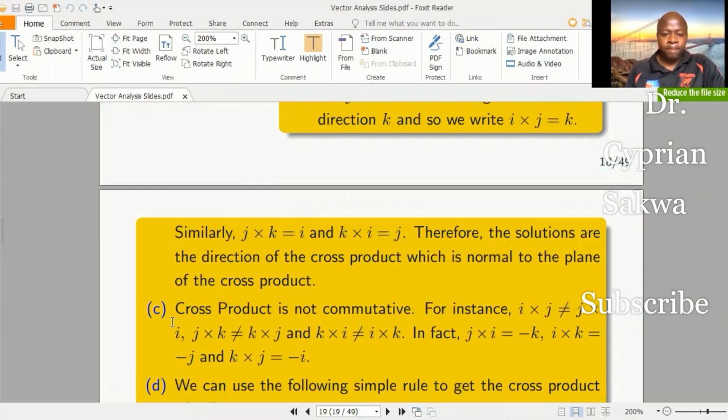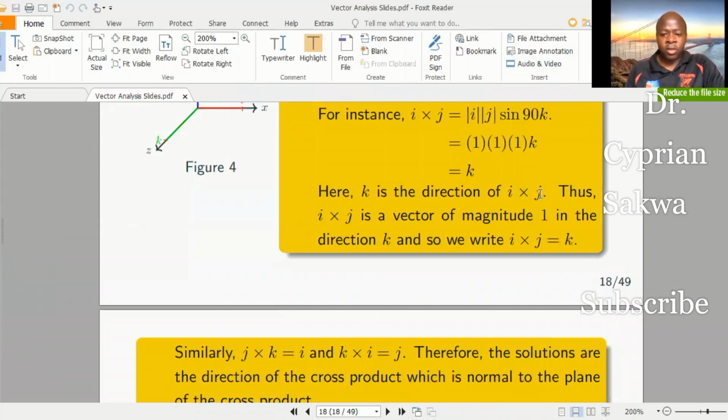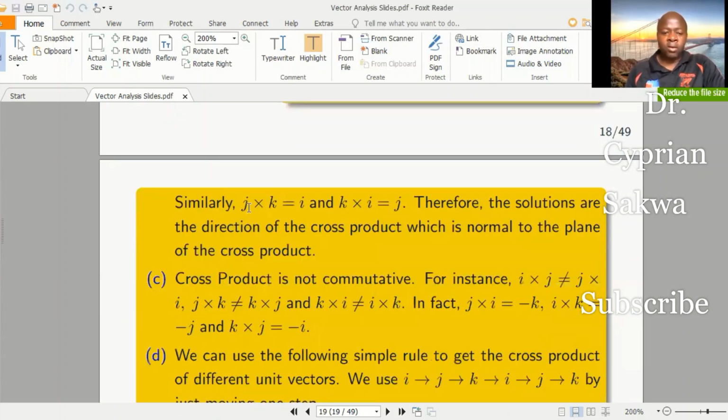That is in part C. And in this other part, I had already said that K is the direction of I cross J, and therefore I cross J is a vector of magnitude 1 in the direction of K. And therefore, we got that I cross J was K. In a similar way, we found that J cross K is I, and that K cross I is J. And then we proceeded and found that J cross I was negative K, and I cross K was negative J, and K cross J was negative I, which means the cross product is not commutative.